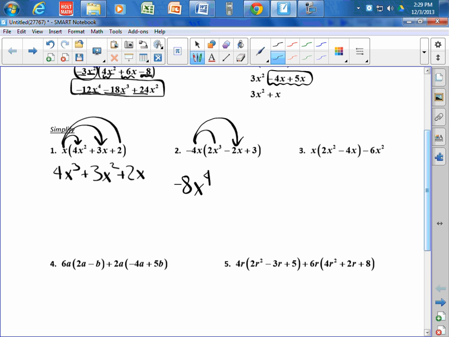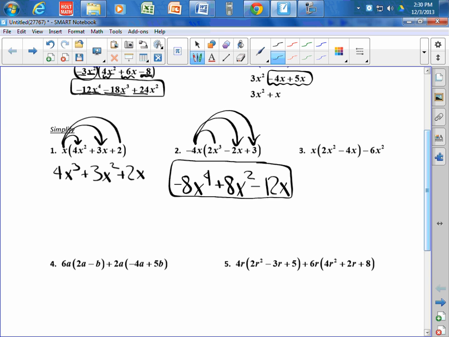Negative 4 times negative 2 is positive 8, so write plus 8, and then x times x, x squared. Then we're taking negative 4 times 3, negative 12, and you get negative 12x. Always check to see if there are any like terms to combine. In this case, there are not, so that would be your final answer.